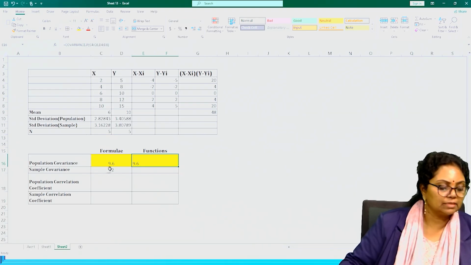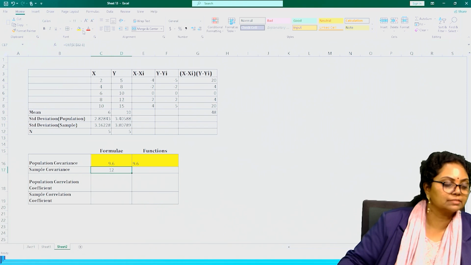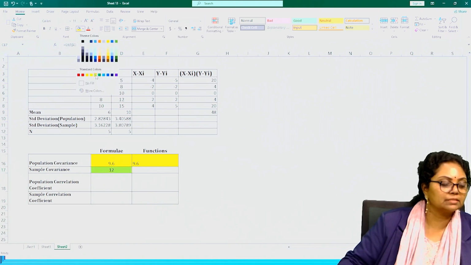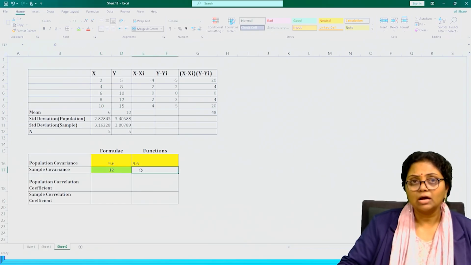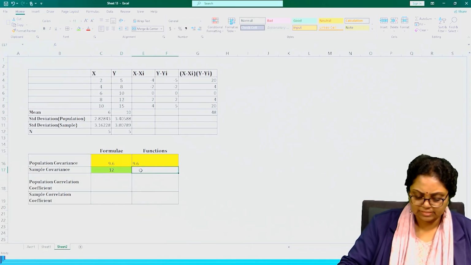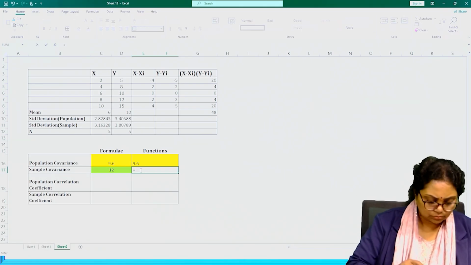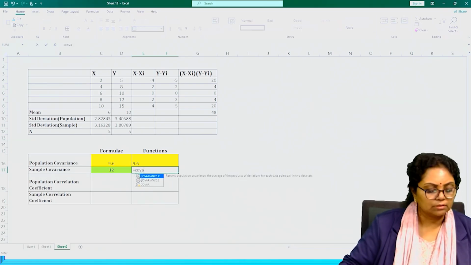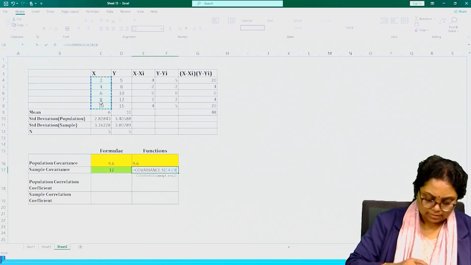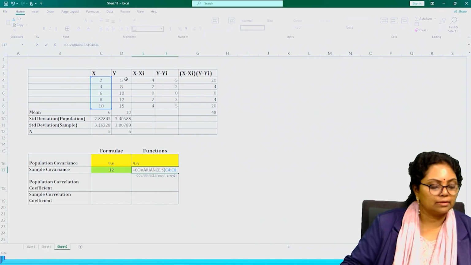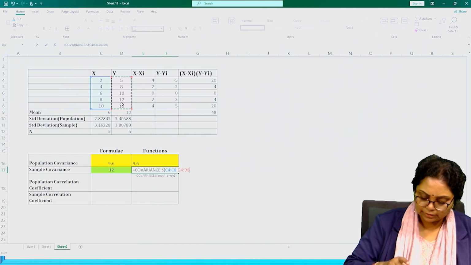Now let us see, here we got 12 as the sample covariance. Let us see by making use of the function whether we are going to get the same answer or not. Now is equal to COVARIANCE.S. So again array 1, array 2. For array 1 we select the observations under the x variable, and again the observations under the y variable, which represents array 2.